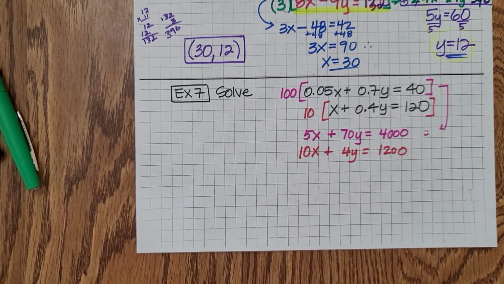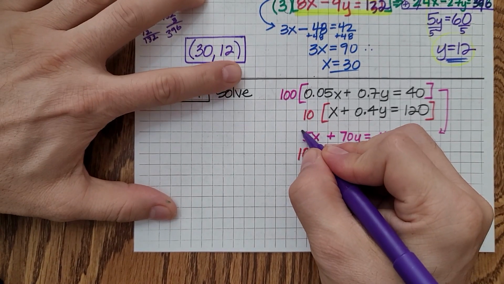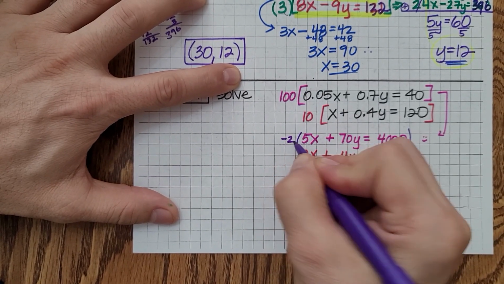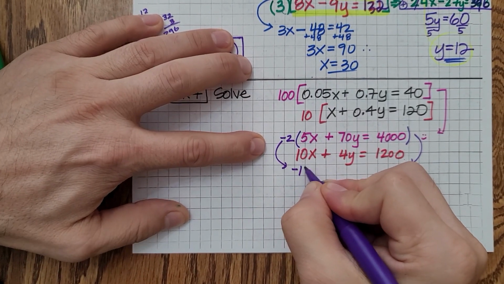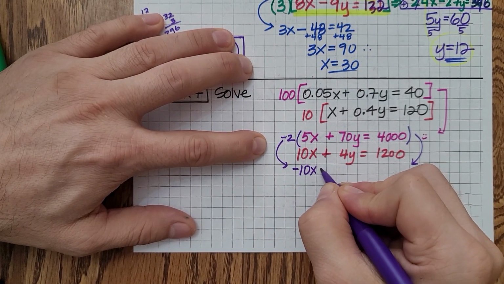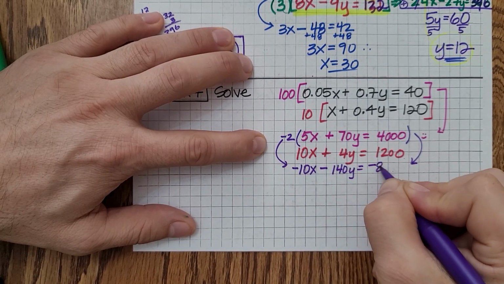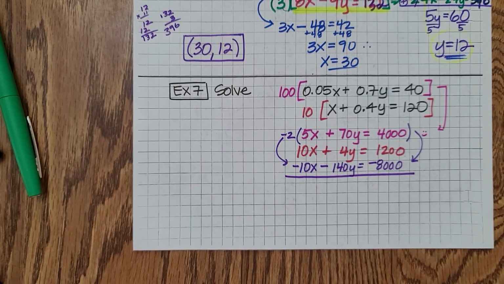All right. Multiply this new equation by a -2, and I'm going to bring the results down here. Negative 10x minus 140y equals minus 8,000.